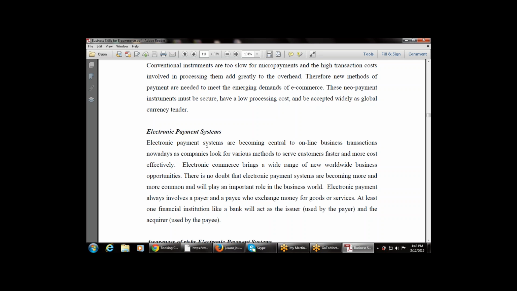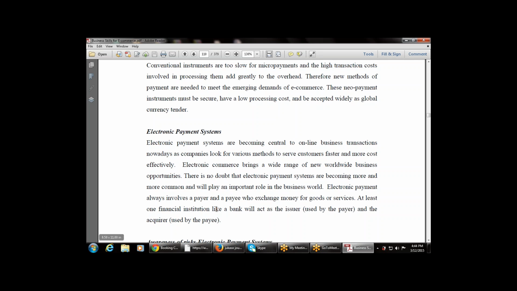E-commerce brings a wide range of new worldwide business opportunities. There is no doubt that electronic payment systems are becoming more and more common and will play an important role in the business world. E-payment always involves a payer and a payee who exchange goods for goods and services, or money for goods and services.